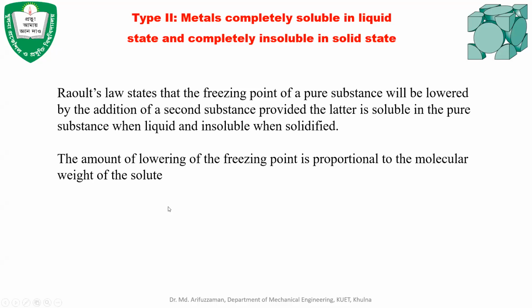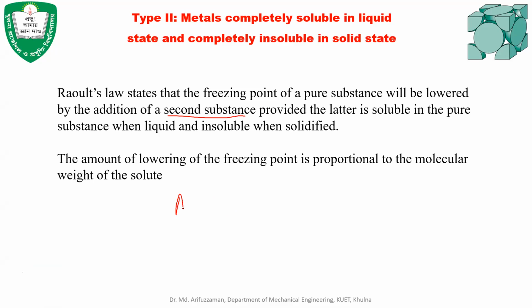if you have a combination of metals, that means an alloy system that contains two different metals, in that case the freezing point of the pure substance will be lowered by the addition of a second substance.